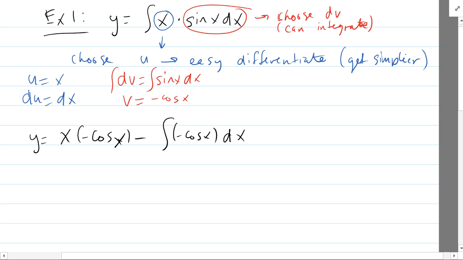Did I get it down to something that you can integrate? So this becomes negative x cosine of x. And then minus the negative means it's plus. What's the integral of cosine of x? Sine, right? So it's plus sine of x. All right, I'm done. I've gotten rid of the integrals. Now do I add my plus c at the very end?